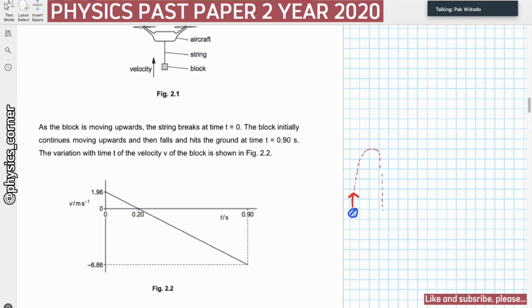You see the velocity is quite different, like 6 times, or maybe 4 times.